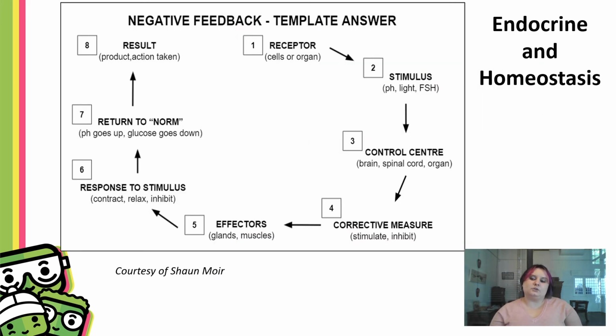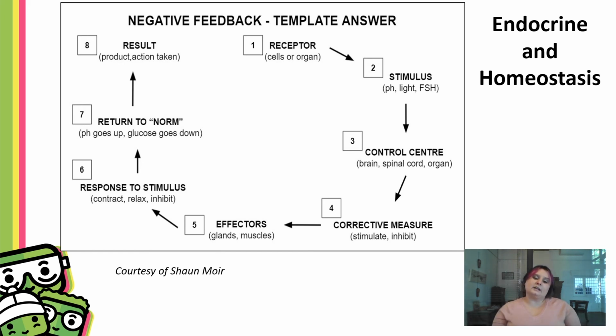And we do this by using what's called negative feedback. So this is where one hormone will act on another part of the body to inhibit or stop something from happening, or to promote something happening in order for things to return back to normal.